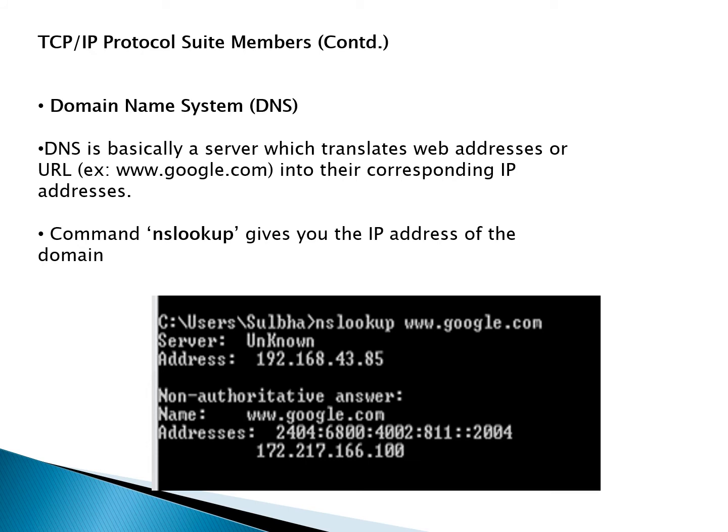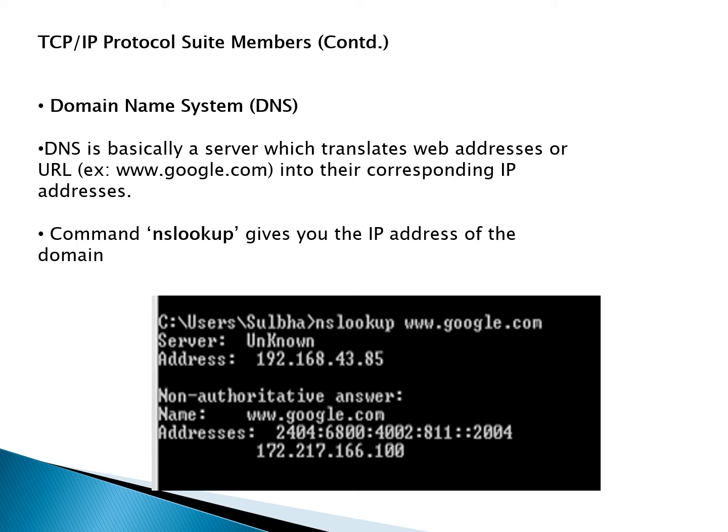Now, the next service is the Domain Name System, which we use at the application layer. DNS is basically a server which translates web addresses or URLs like www.google.com into their corresponding IP addresses. So we don't have to remember the IP addresses of each and every website.